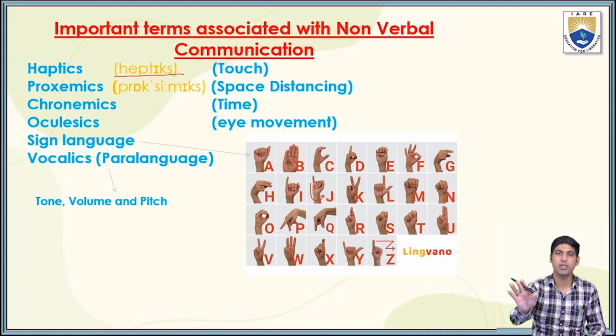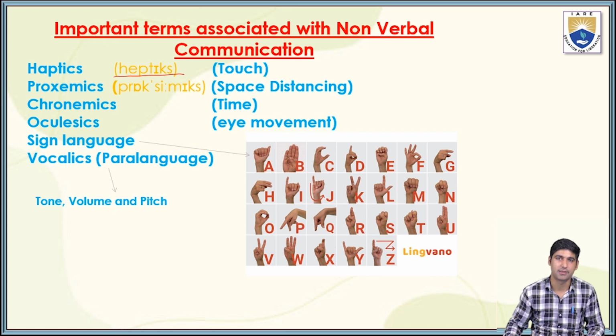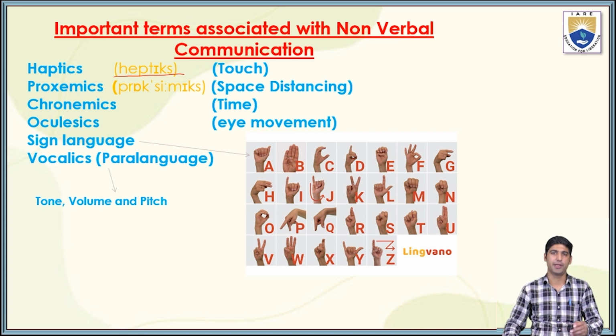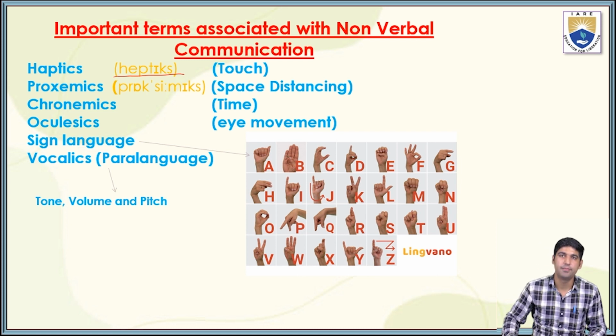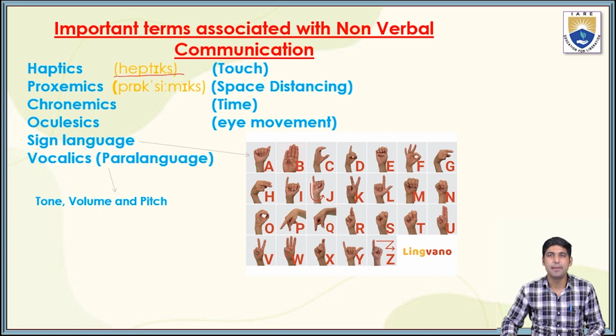Or sometimes we push a person back, which means we are angry with that person. This is how we are telling people that we are happy with you by a soft, polite pat, and by a jerk, by a push, we are telling people we are angry with you. This is non-verbal communication.